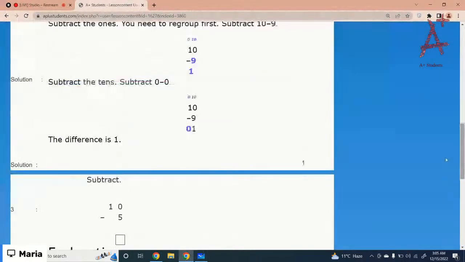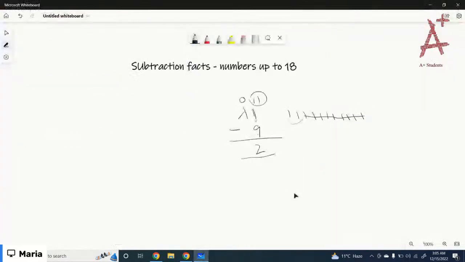Okay, let's start with the next one. The next one is 10 take away 5. Start with the ones digits. Here the ones digit is 0. 0 take away 5. You cannot subtract a greater number from a smaller one. 0 is the smaller number.